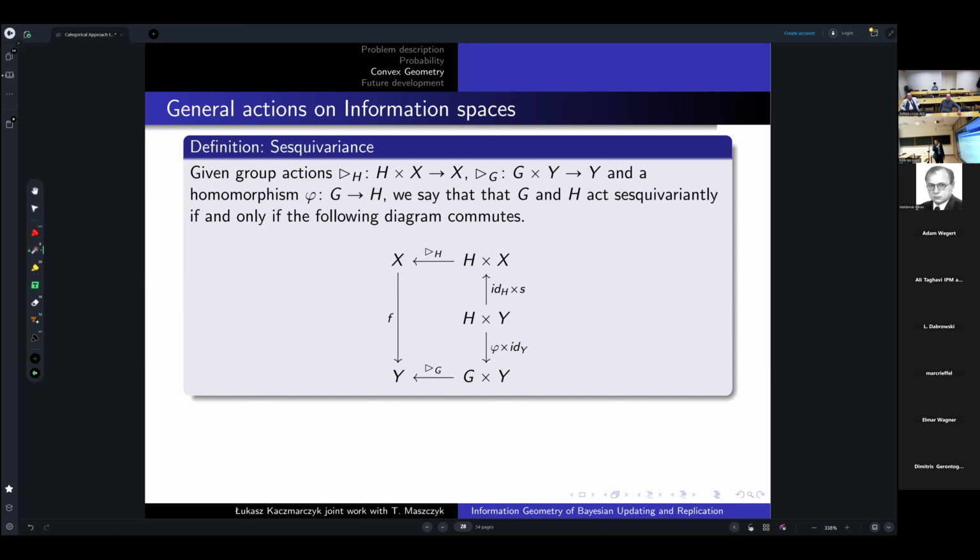What happens with the geometric action on this red curve? Well, this action is not invariant, but it is equivariant.